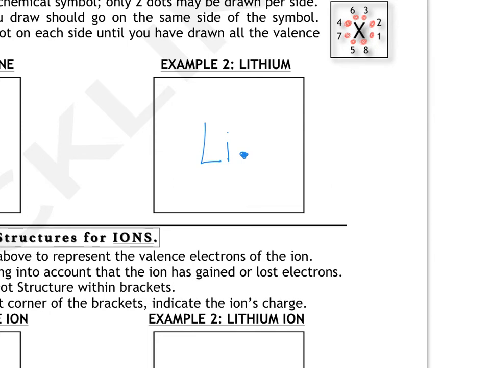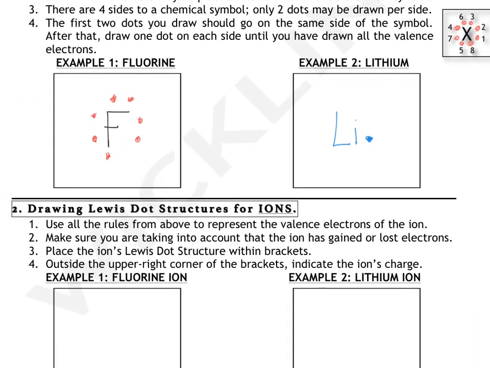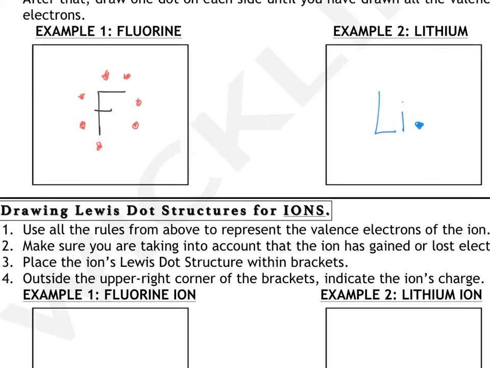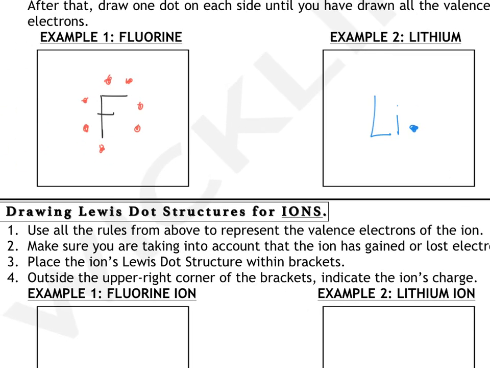What I would point out is that Lewis dot structures, and this is kind of their purpose, guys, is that when you draw elements like this, you can really see the relationship between lithium and fluorine. The electron right here that lithium has is definitely going to come right over here and nest in that spot on the fluorine atom if the lithium and the fluorine are allowed to interact.